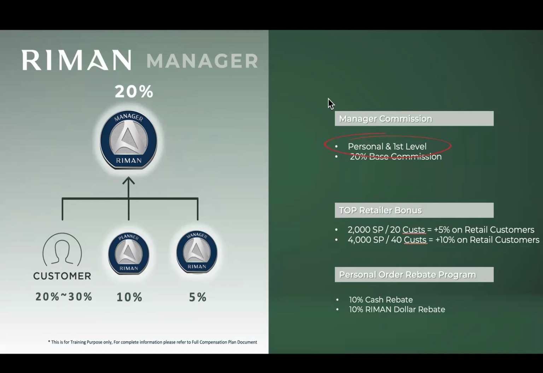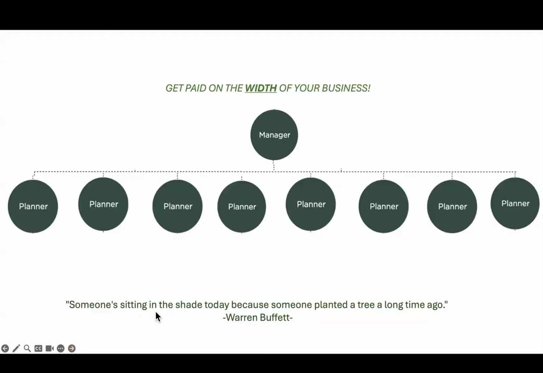So what the comp plan is asking us at the manager position is to focus on your personal sales and build your first level, because you're only getting paid on your level 1. So in actuality, when you go from planner to manager, what you're really going to be focused on is going wide, getting paid on the width of your business, okay?